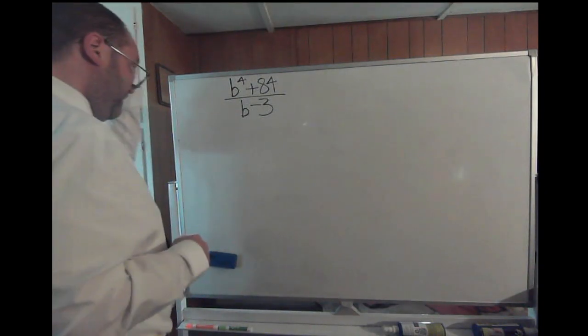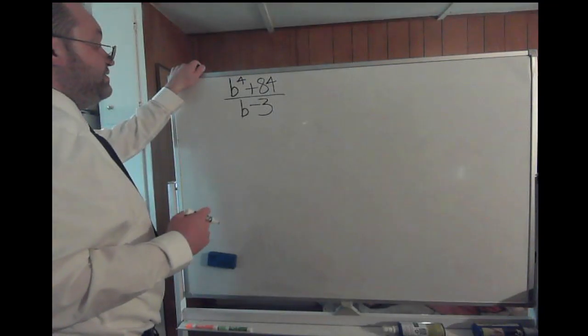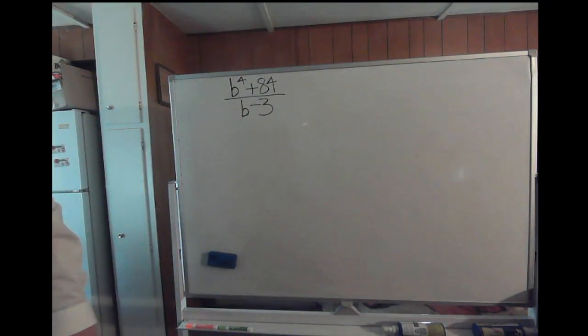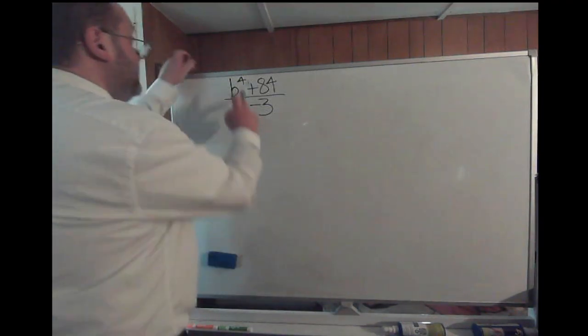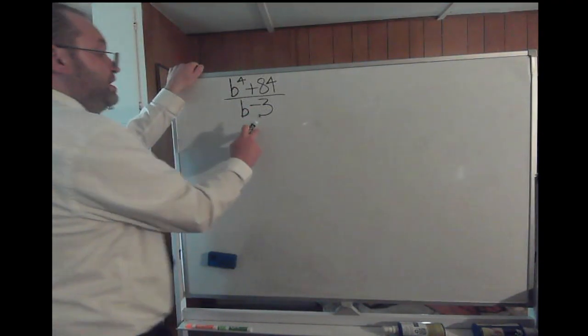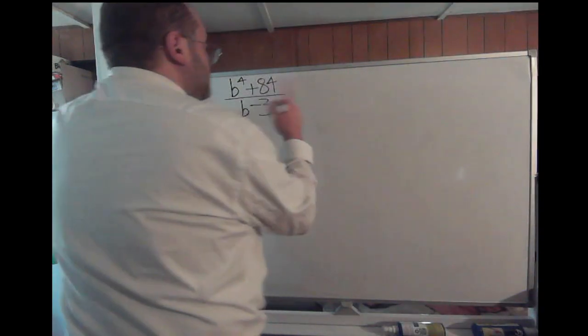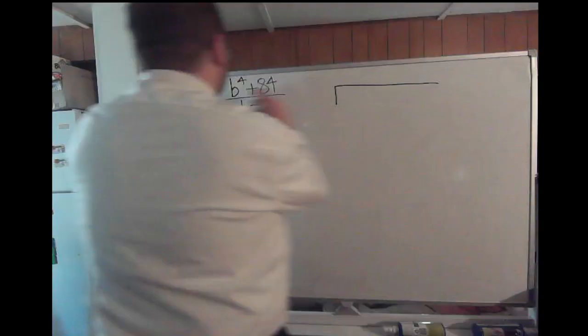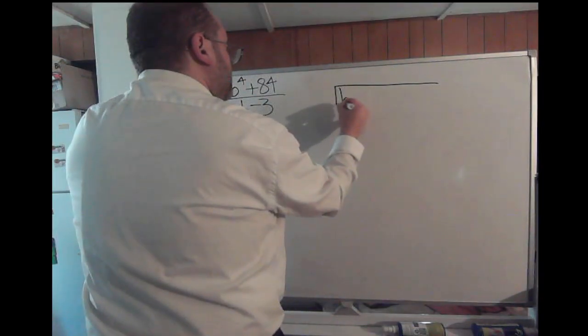Well, what you're going to have here, actually there are two more problems I'd like to do after this. There's a reason for that. I'll show you why in a minute. But we have b to the fourth plus 84 over b minus 3. So, set up your long division still. You'll take your b to the fourth.